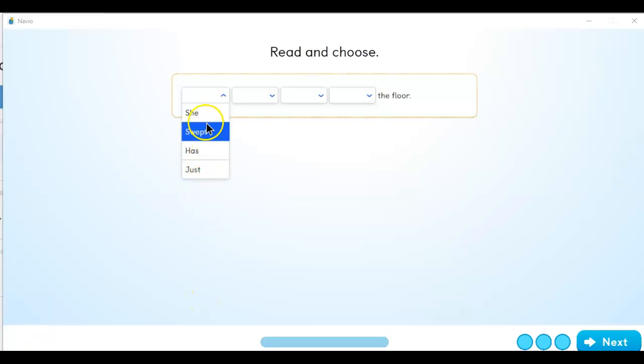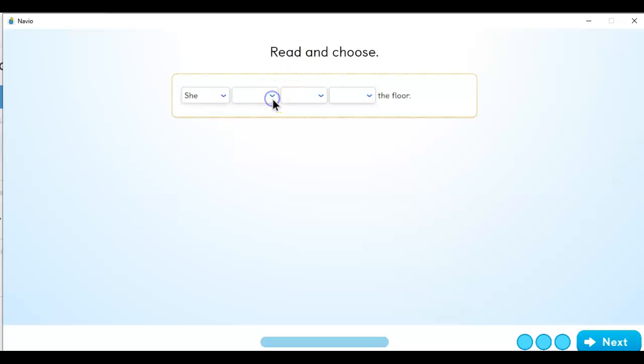We have 3 options, just and has. Okay, it could be has if the subject is she and it's not an interrogative sentence. Let's look at the sentence. So we start with she.